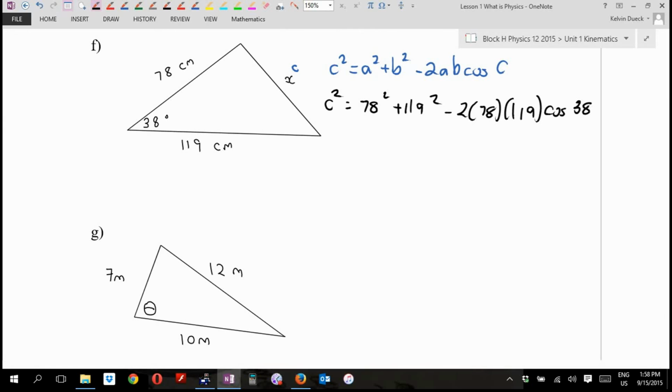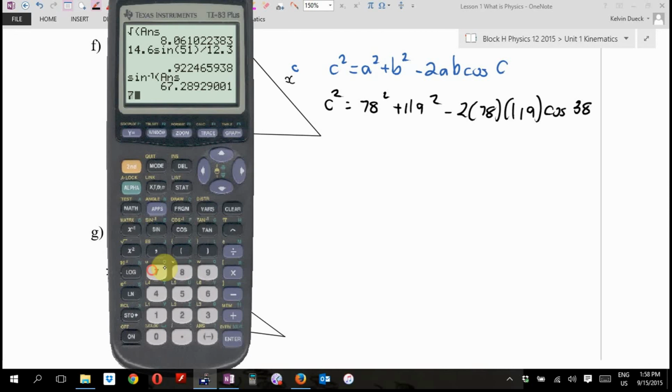By the way, don't try and put this all into one big square root. I've tried that. The ugliness is not worth the keystrokes you save. So I always go 78 squared plus 119 squared minus 2 times 78 times 119 times cos 38. And then I just go square root answer button.